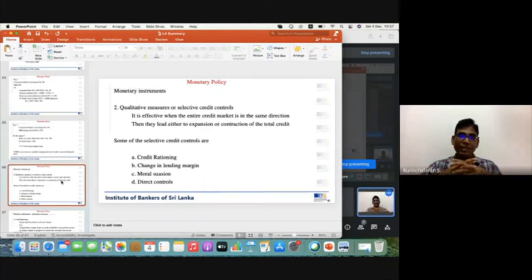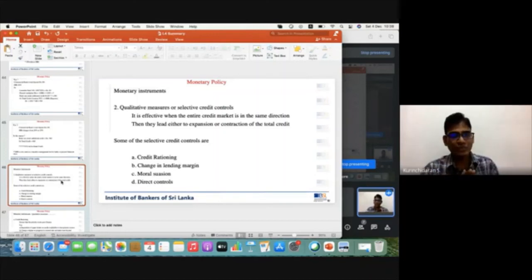Then, as a short-term measure maybe, or based on the central bank's idea, they can also use qualitative measures, or selective credit control. Say, for example, if you want to increase credit growth, it will go to all the sectors. But the central bank wants to have only consumer sectors.